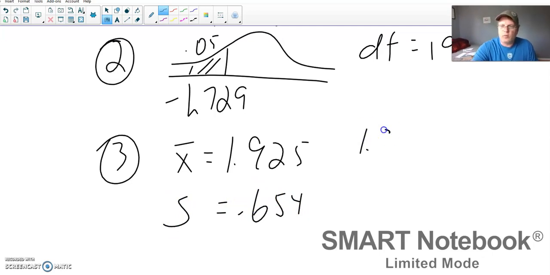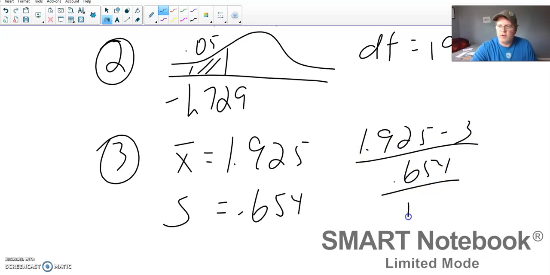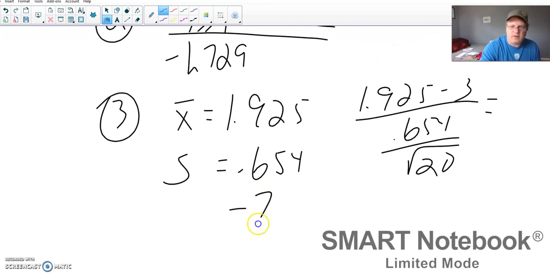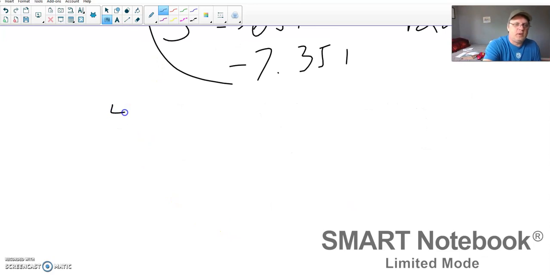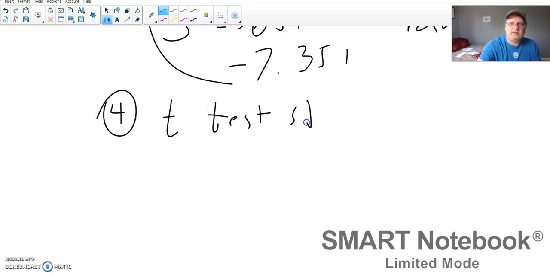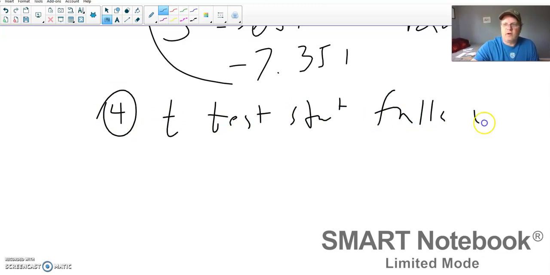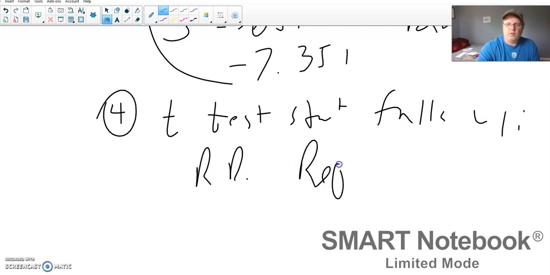So 1.925 minus 3, all over 0.654 divided by the square root of 20, gives me a value of negative 7.351. So clearly that falls within the rejection region. So remember, the t test statistic falls within the rejection region. Therefore, you reject the null hypothesis.